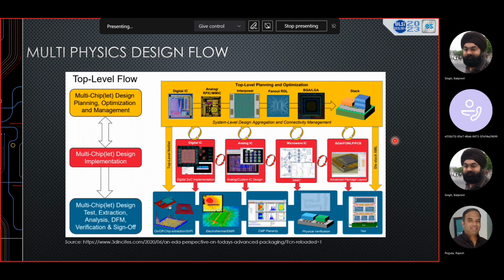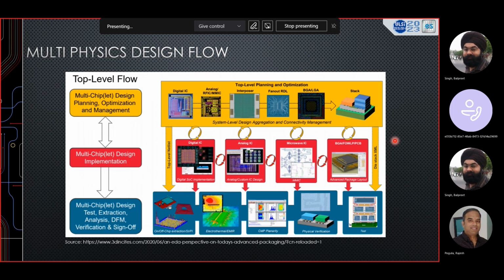The second one is implementation. When you're implementing, you also consider other factors, such as the parasitics of the other die. Considering some of those things upfront in your design is extremely important as part of the implementation. And the last one is sign off. How do you do extraction of all these different parasitics of different technologies? How do you do thermal analysis?